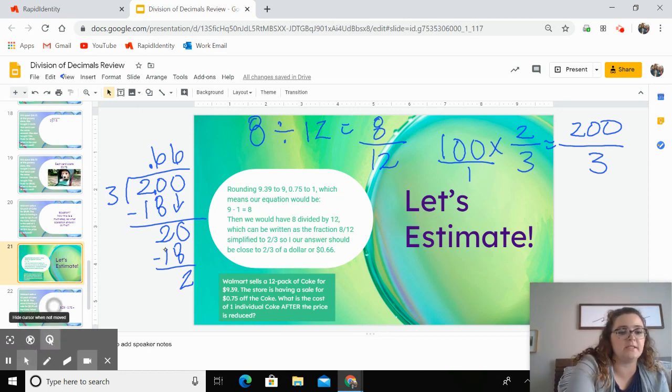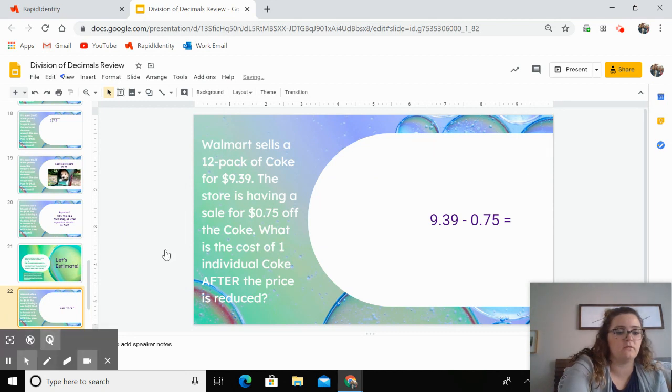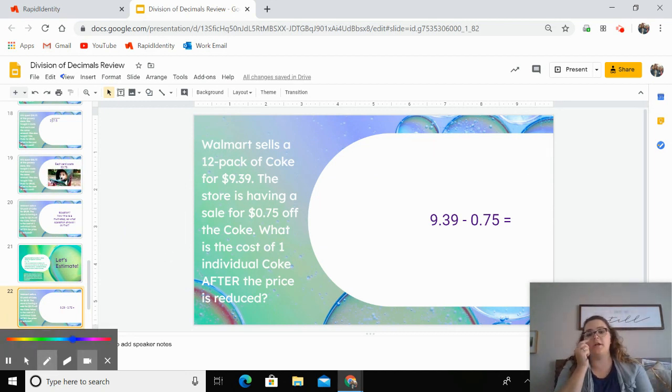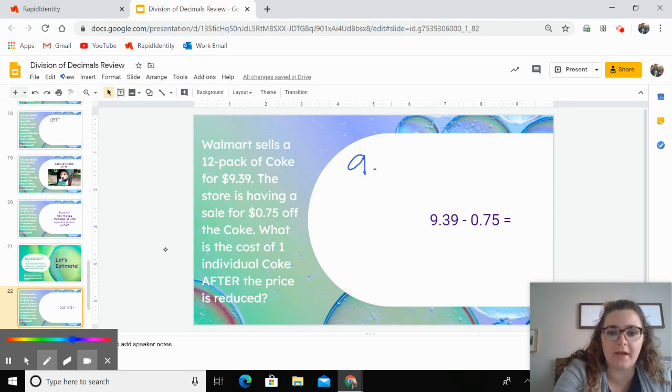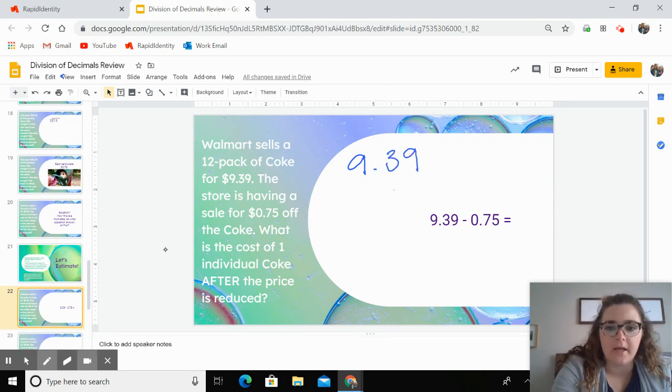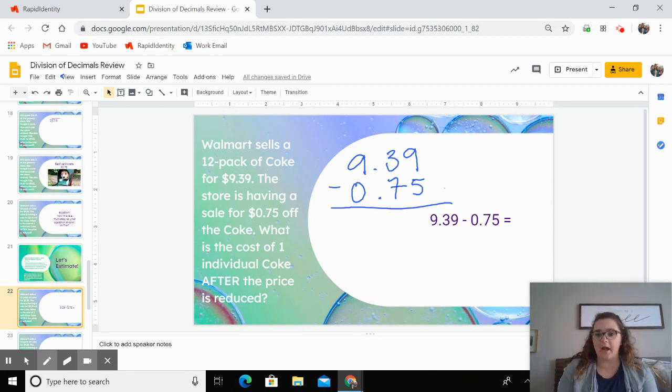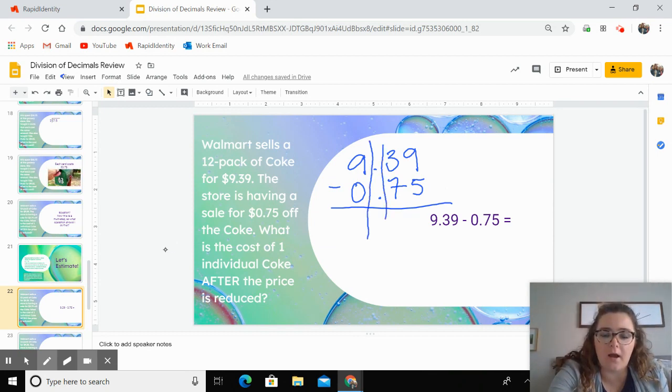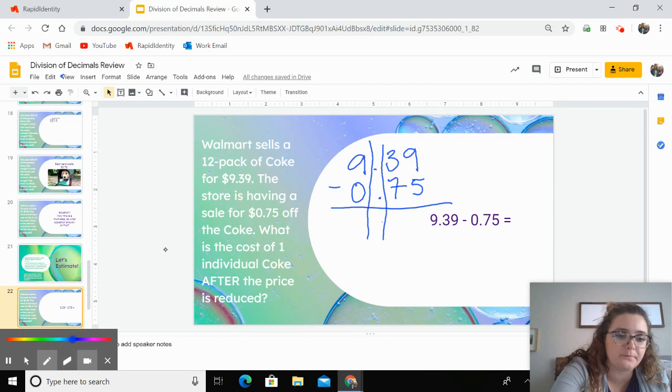All right, we're going to see if we are correct. Here we have our initial equation. Remember, the total price of the Coke was $9.39, but it was 75 cents off first. So I have my $9.39, and I'm subtracting 75 cents from that. Remember, when you're adding or subtracting decimals, you need to line them up and make sure your place values line up.